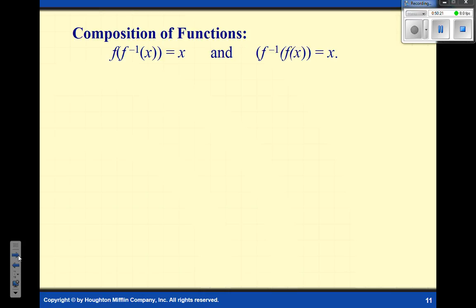So the key to working with these composites is to remember that you need to work from the inside out. You always start with what's on the inside and you work your way out. So on this first example, I would do the inverse of the function first, and then I would do what was on the outside. Over here, I'm going to take the function, do this on the inside, and then find the inverse. And it makes much more sense when we put it in application.